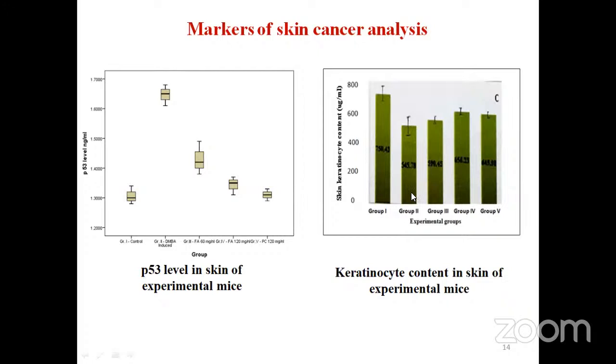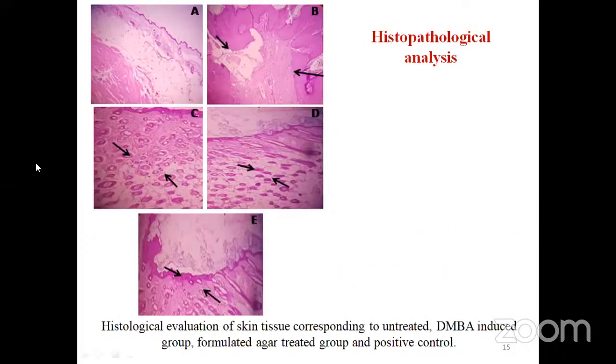The keratin content was low in DMBA induced skin cancer mice, and the keratinocyte content was significantly increased in the low dose and then high dose when compared to the positive control. From these results, we come to the conclusion that the formulated agar has a good preventive effect for anti-cancer property in mice, which was confirmed in the histopathological analysis also.